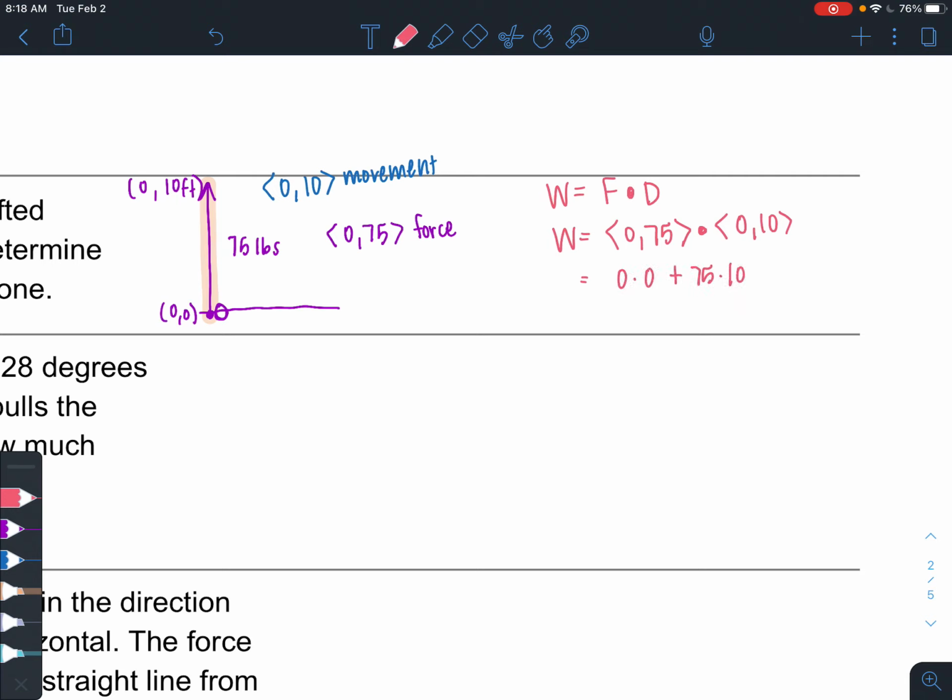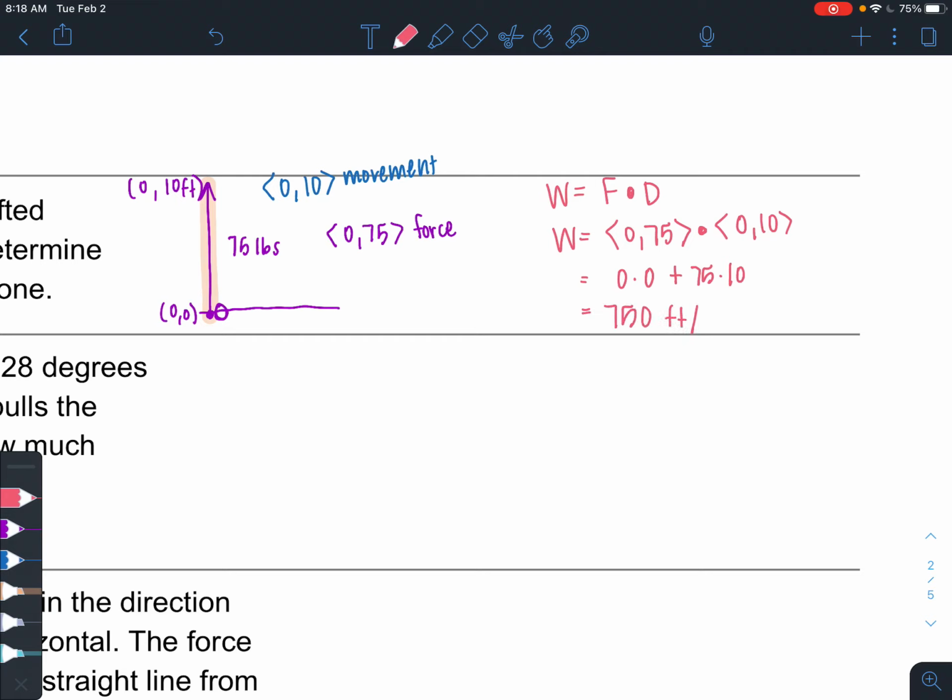So that's 0 times 0 plus 75 times 10, which is 750, and we label it as foot-pounds. The hardest part is going to be drawing the picture on these.